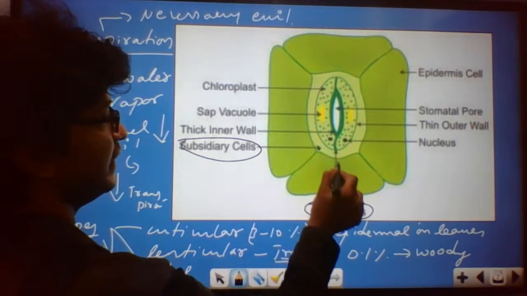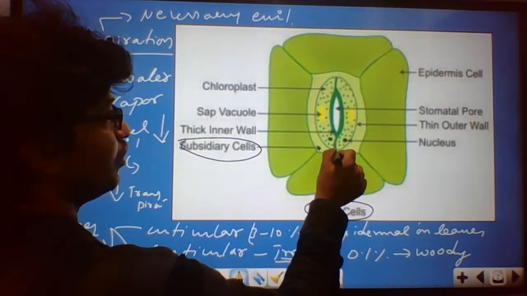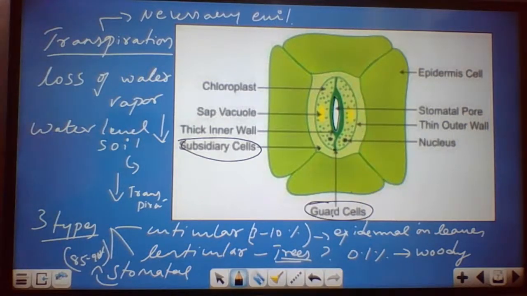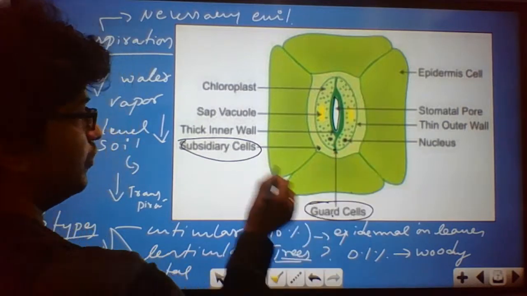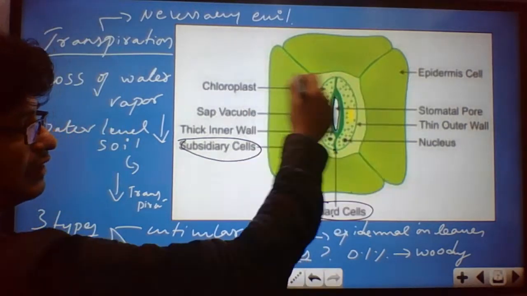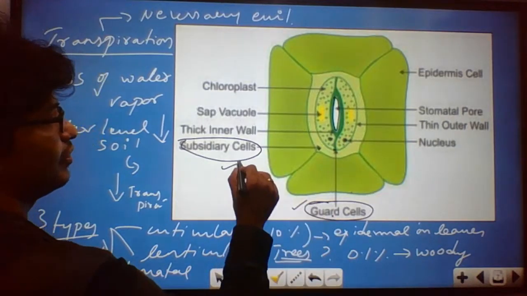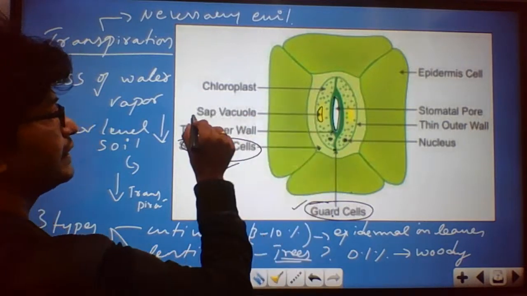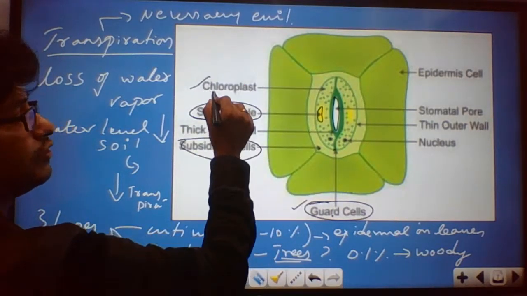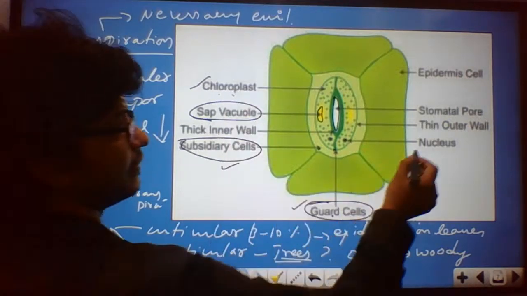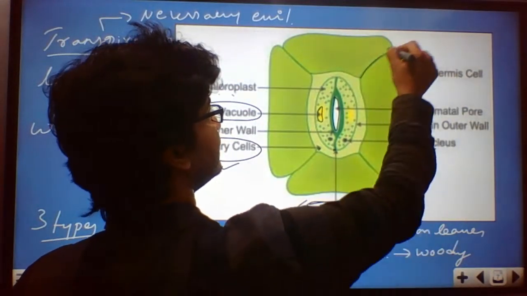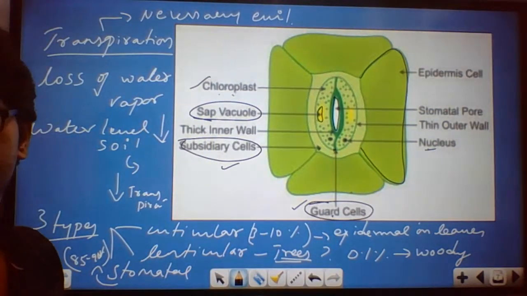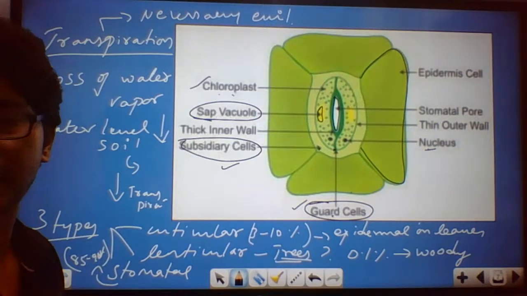The pore tells you whether the stomata is open or closed. This is the stomatal pore, surrounded by the guard cells and the subsidiary cells. Also you could see the sap vacuole, the chloroplast, and the nucleus, and the outermost cell is called the epidermal cell. This is how the structure of stomata looks.